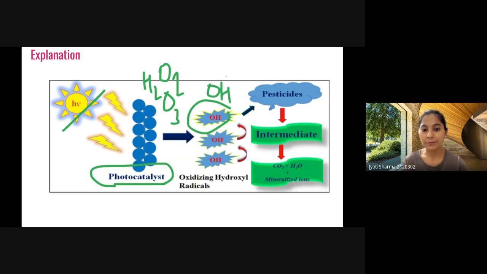And these hydroxyl radicals are a strong oxidizing agent that can oxidize your pesticide, or even any organic matter, into CO2 and H2O. So that will come under photochemical reactions, right?